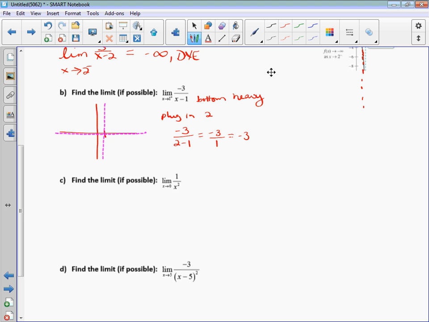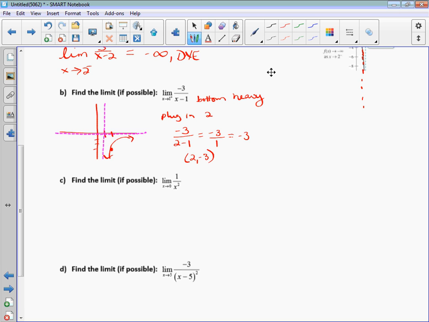You with me? So that means the point (2, negative 3) is on my graph. Well, (2, negative 3) is somewhere down here. That's all I need to find to know where this graph is going. That means I've definitely got some of it down here.